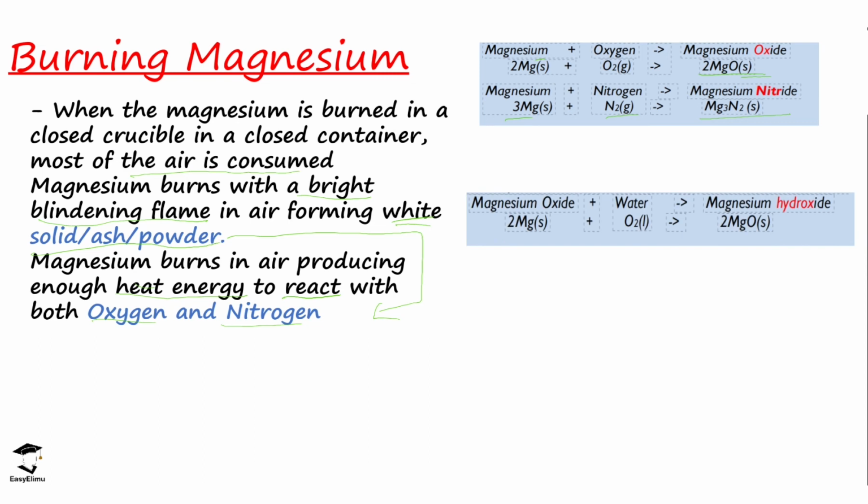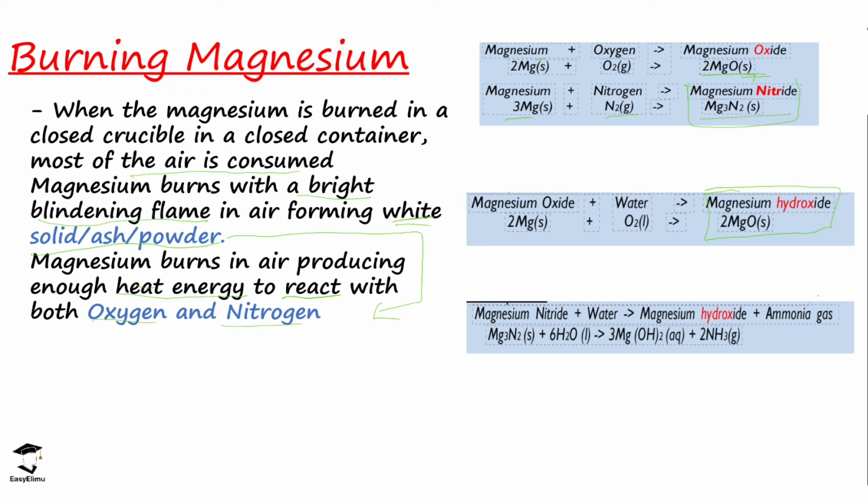If you take magnesium oxide, one of the white powders, and dissolve it in water, it forms a basic solution. That basic solution we refer to as magnesium hydroxide. Additionally, when you take the magnesium nitride and dissolve it in water, it is going to form magnesium hydroxide, and ammonia gas is going to be given off.